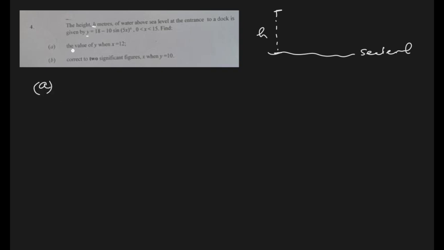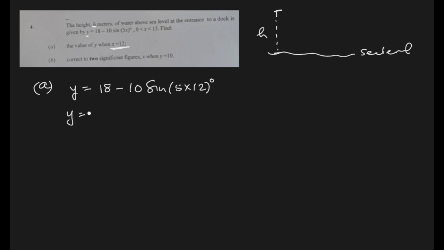A, the value of y when x is 12. So value of y when x is 12 will be 18 minus 10 sine 5 times 12 degrees, and x is between 0 and 15, and x is 12. That's fine. It satisfies the situation.